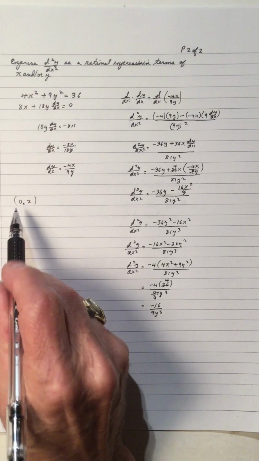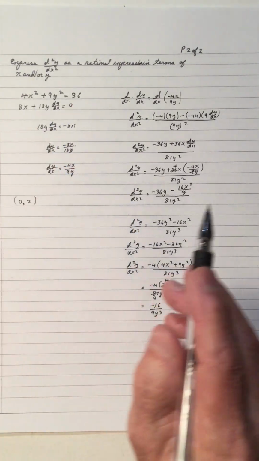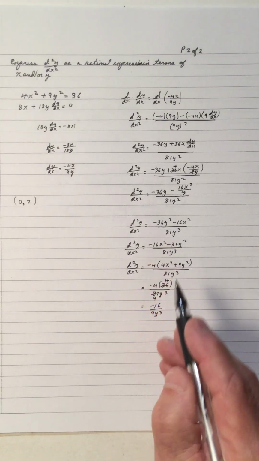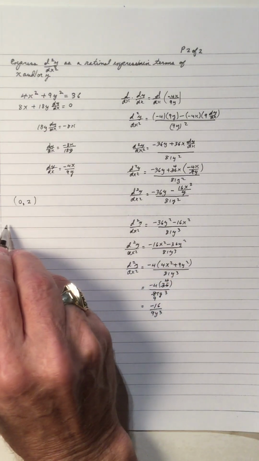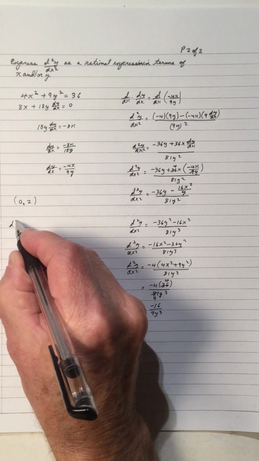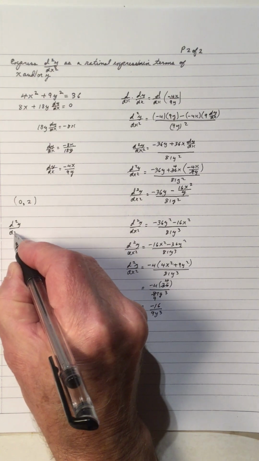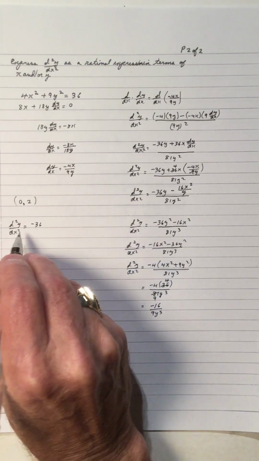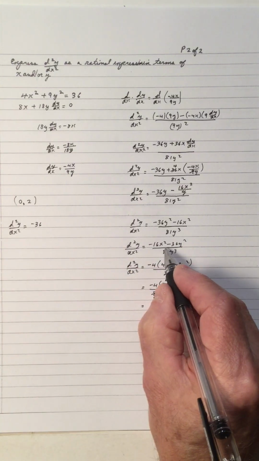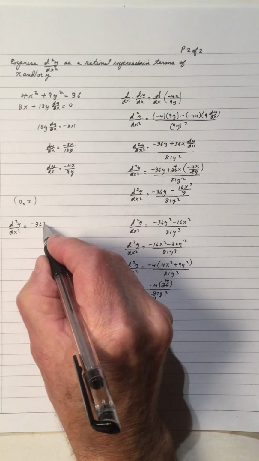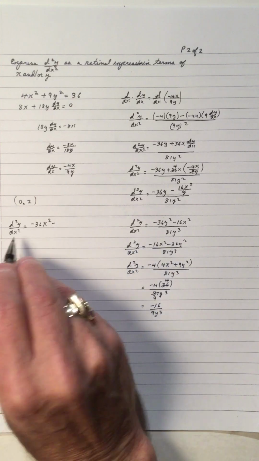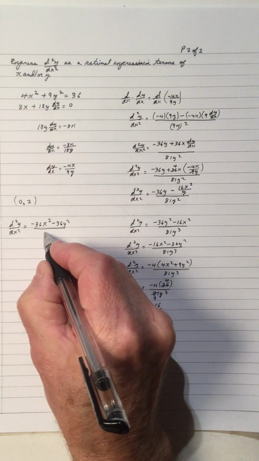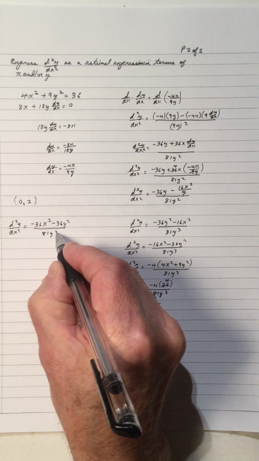I'm going to use this point, which makes this equation true, to show you that this expression here is the same as this one. So let's look at d squared y over dx squared equals negative 36x squared minus 36y squared over 81y cubed.